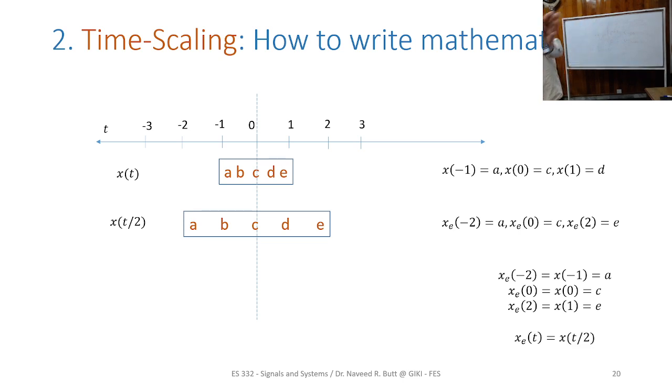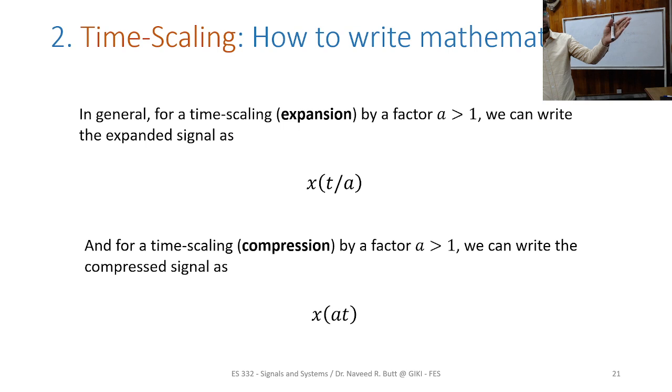The expanded one is x(t by 2). It's counterintuitive; you would think the expanded one should be 2t, but it's actually t by 2. The contracted one is x(2t). So x(t by a) is an expansion by factor a, and x(at) is a compression by factor a. Why do we need a greater than 1?